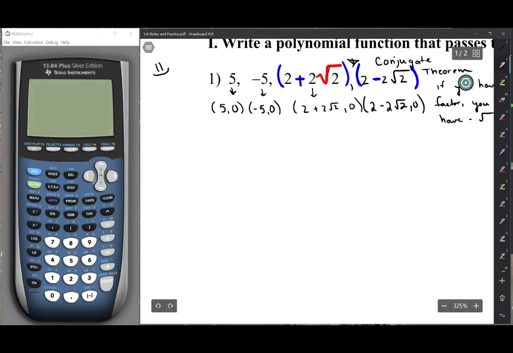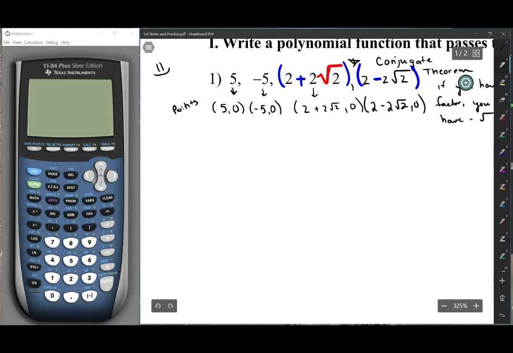So those are the points, and what we want to do is go from points to factors. To go from points to factors, you simply take x minus that particular number, so x minus 5. It gets a little tricky with negatives because this would be x minus negative 5, which I know you're probably thinking, oh, that's going to be plus.